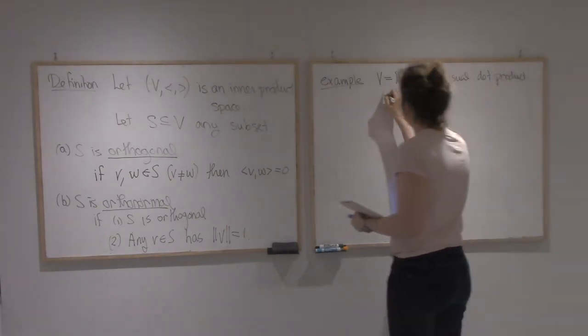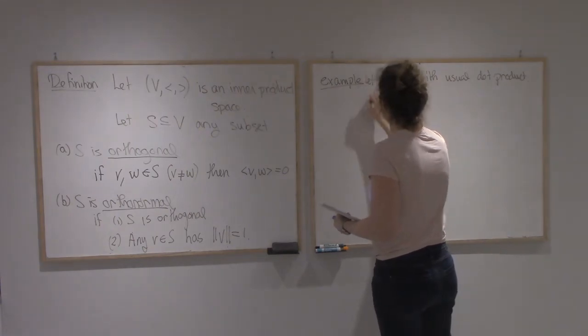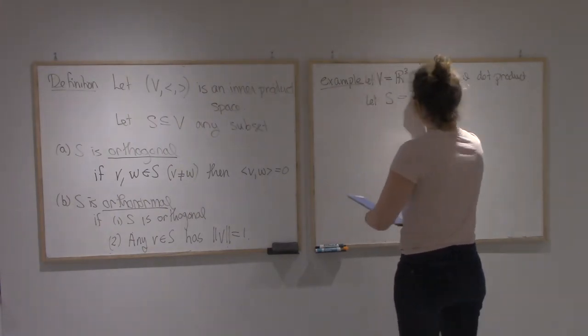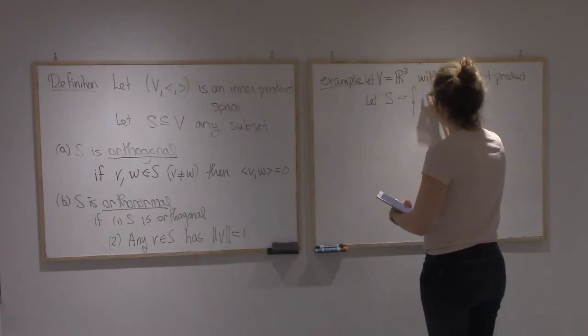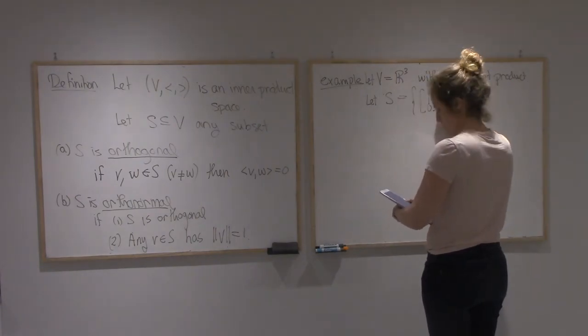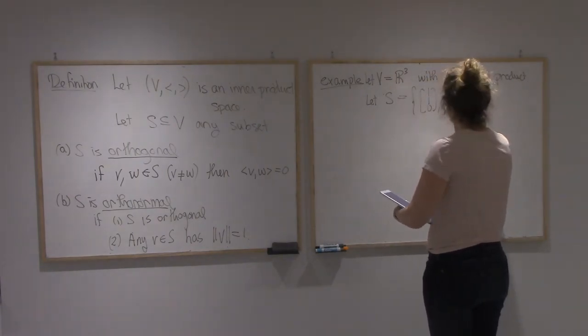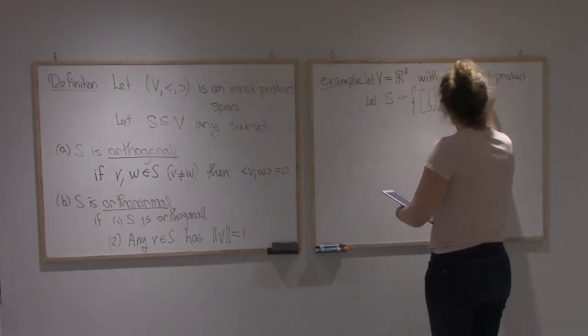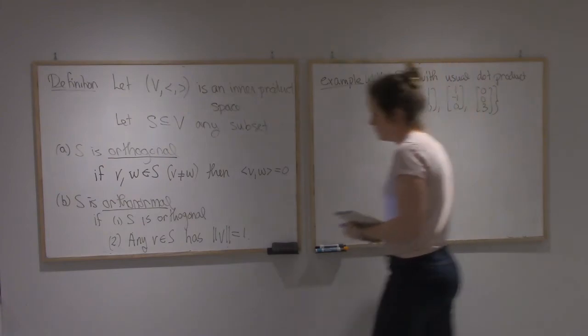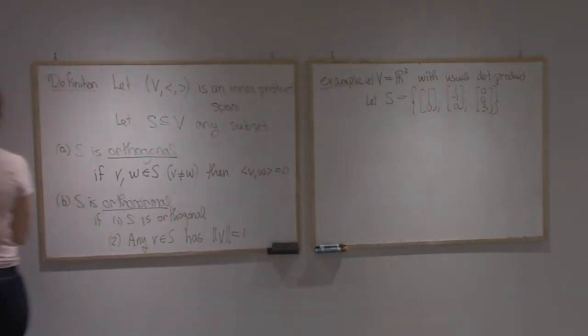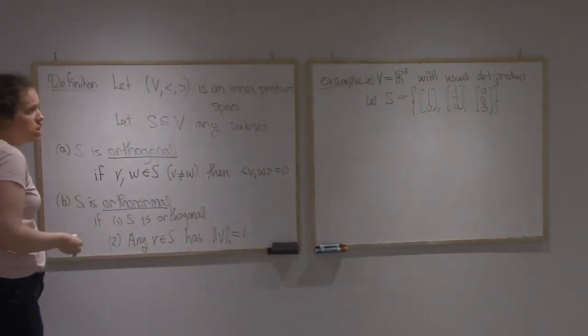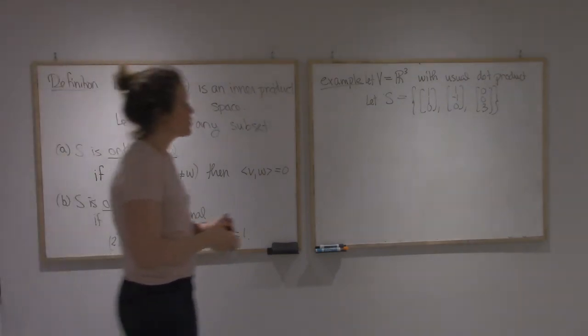And I'm going to look at S as (1, 1, 0), (1, -1, 0), and (0, 0, 3). First question: I want to show that this is orthogonal.